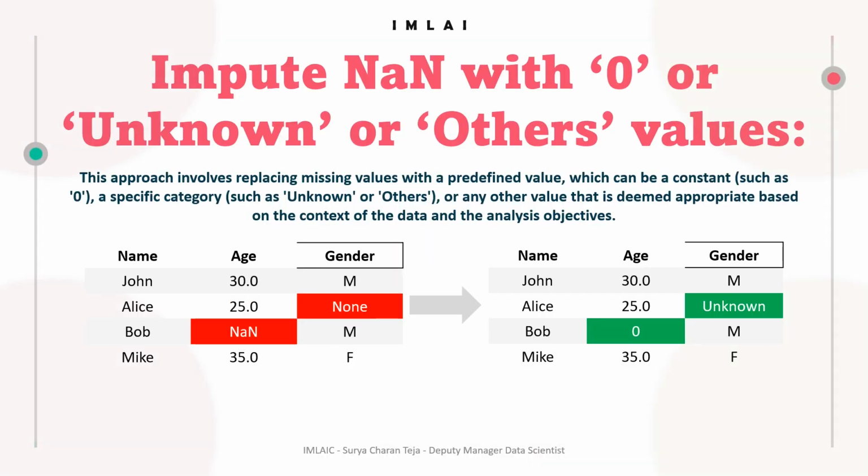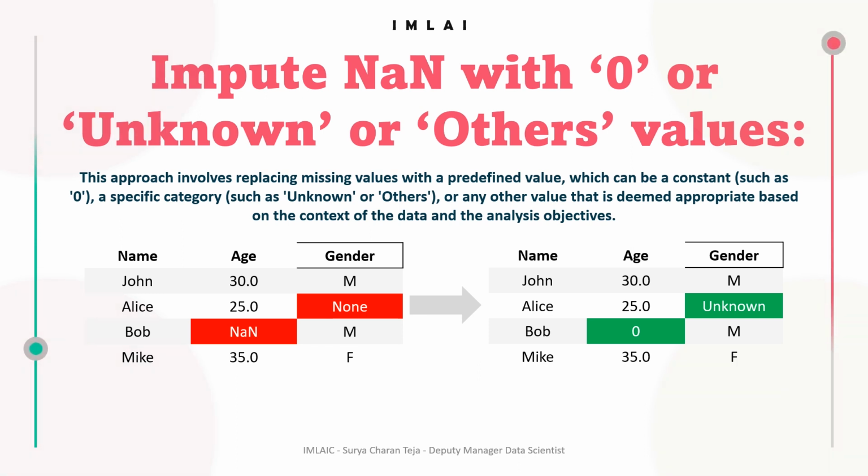Okay, so before we wrap up, let me repeat one more time. It's important to always remember and note that imputing missing values with a specific value has its limitations, as it can potentially introduce bias or distort the distributions of the data, especially if the missingness is not random.